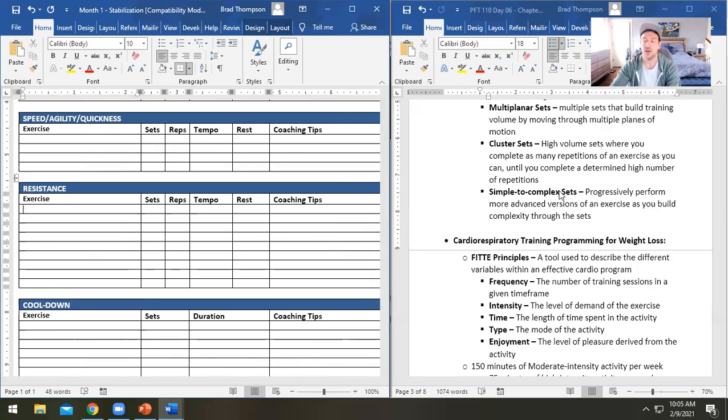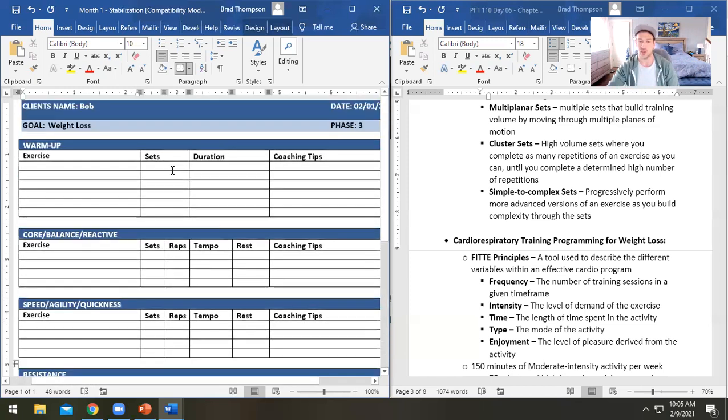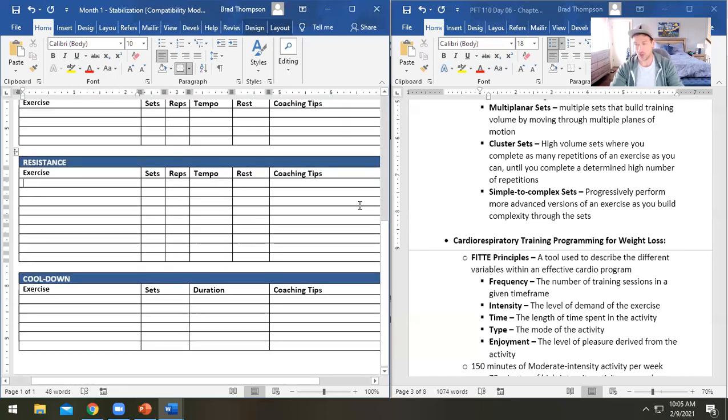And then there is simple to complex sets, which is always the most difficult to write. Basically you are going to progressively perform more advanced versions of an exercise. This is the best version that I've found to write it. Writing simple to complex sets is pretty difficult on a traditional OPT template, but here we'll go, right?